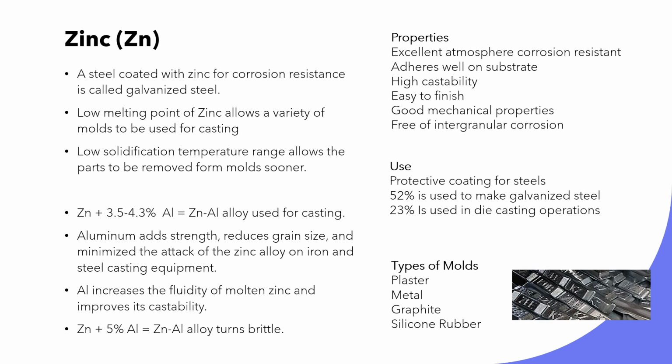And the low melting point of zinc allows a variety of molds to be used for casting, because you can easily handle that molding or casting. They have a low solidification temperature, meaning when you're casting or molding, they can solidify easily. That low solidification temperature range also allows the parts to be removed from molds sooner.